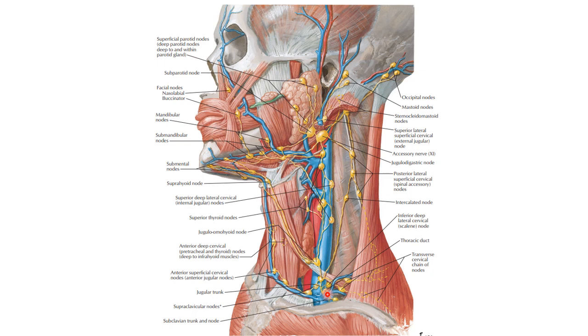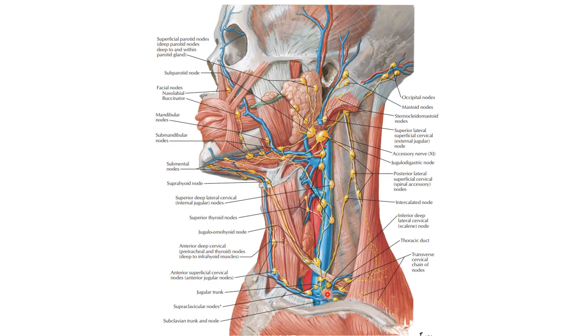So in summary, again, the usual pattern of drainage of the lymph node will be from superior to inferior, superficial to deep, and then from lateral to medial.